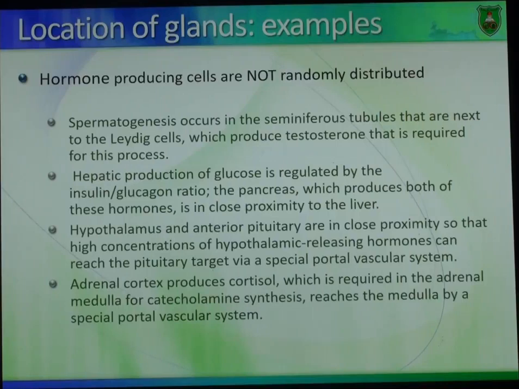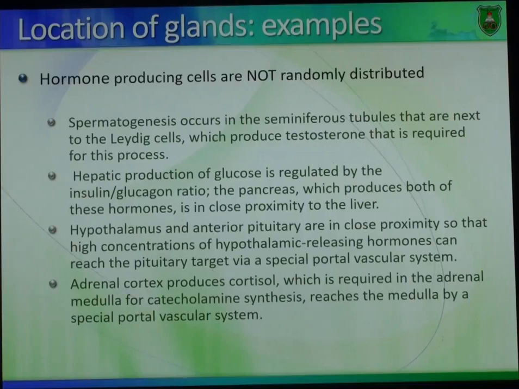Similarly, the level of glucose in the blood is regulated by the liver, which is under the control of two hormones, insulin and glucagon. Both of these hormones are produced in the pancreas, and this pancreas is in close proximity to the liver. So again, there is little dilution of these two hormones in the blood.